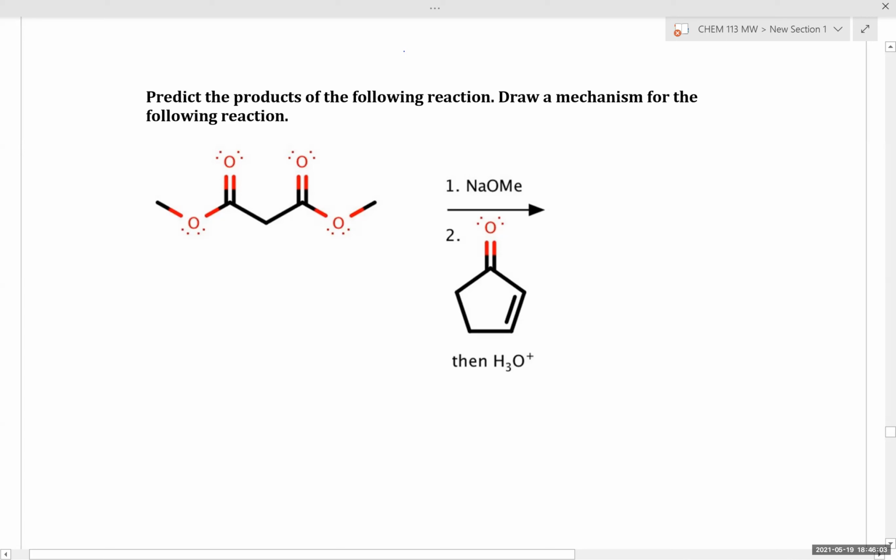Does anyone have an initial first step that they'd like to propose for this mechanism? We have this acidic malonic ester. We have sodium methoxide. So it looks like the student's drawing that we're going to deprotonate our alpha position to make our enolate. Okay.